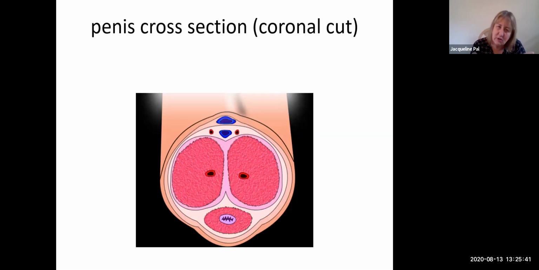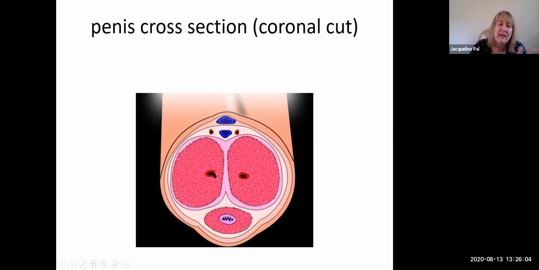So let's not circumcise the penis, but let's do a coronal cut. And if we do a coronal cut, what we will notice is there are three big structures represented by pink in here. It's kind of like a monkey's head, doesn't it? And so right here, this is one structure we've already learned about, and that is the penile urethra.